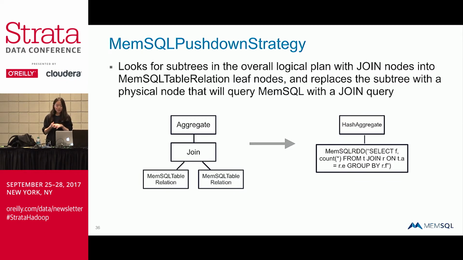In our new MemSQL strategy that we added, we intercept logical subtrees of join nodes into MemSQL table relation leaf nodes, and we try to collapse the join in this way. So this happens before the data source strategy. And we end up replacing the whole subtree with one single physical MemSQL RDD node that will perform the join in MemSQL.